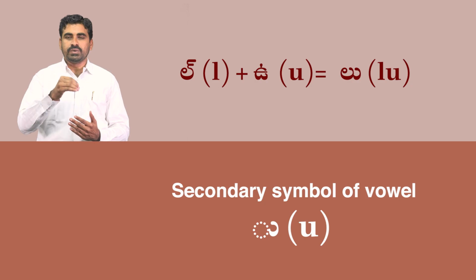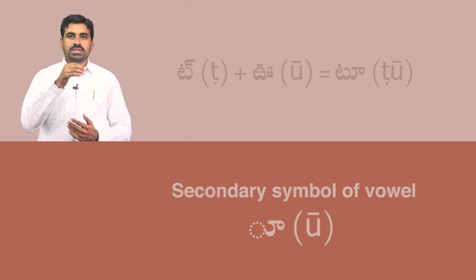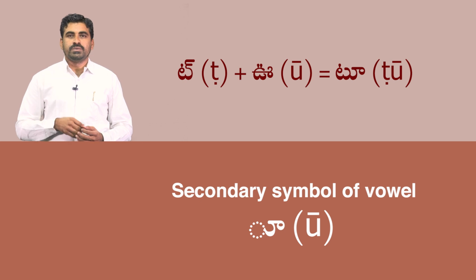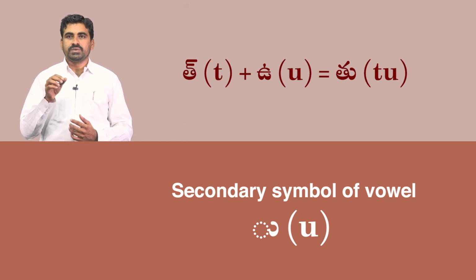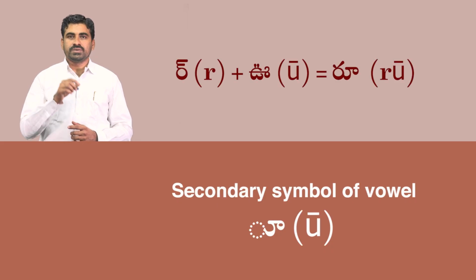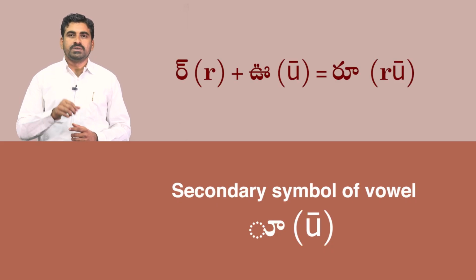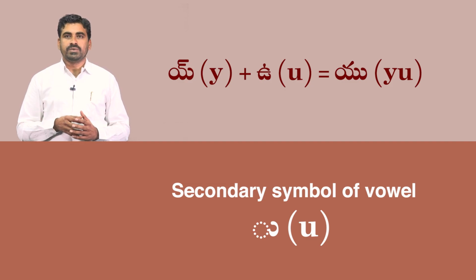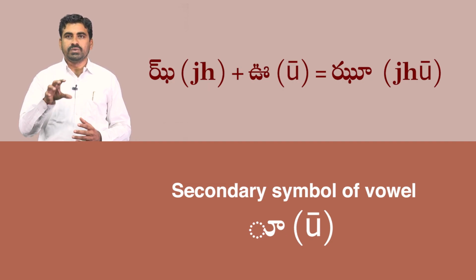Here, observe how secondary symbols are attached to consonants. Retroflex consonant da plus u, du; tha plus u, thu; ra plus u, ru; and so on.